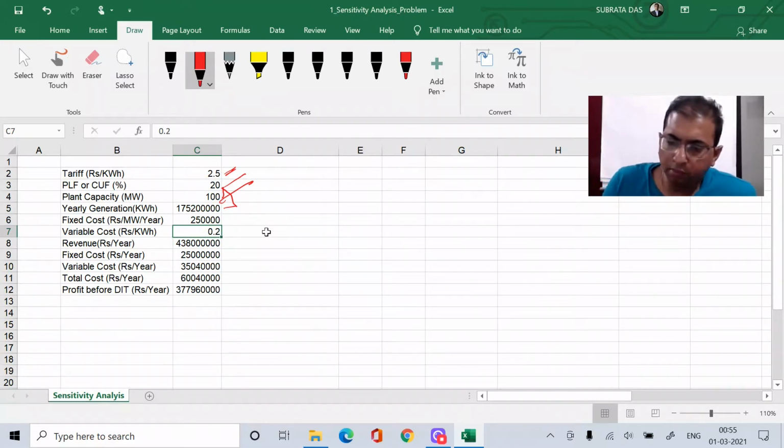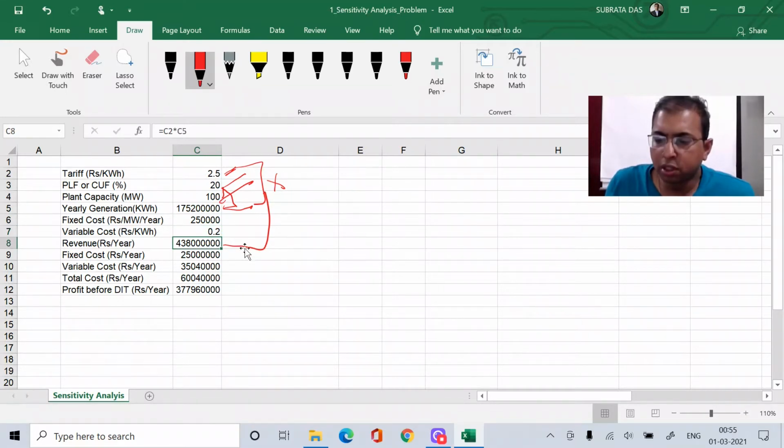Now based on the yearly generation and tariff, if we multiply these two, we get yearly revenue, that is the multiplication of C2 and C5. Fixed cost is calculated in a similar way, multiplied by capacity, and variable cost is multiplied by generation.